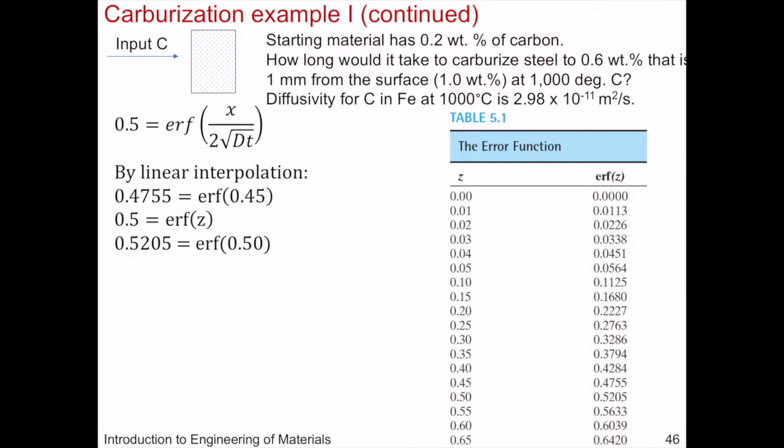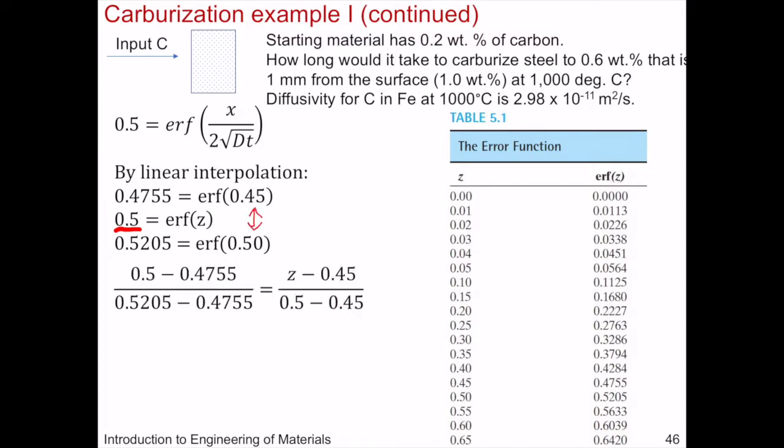And so what we can do is a linear interpolation in which we know if the error function of 0.45 is equal to 0.4755 and the error function of 0.5 is 0.5205, then the error function of something that's going to be in between 0.45 and 0.5 is equal to 0.5.